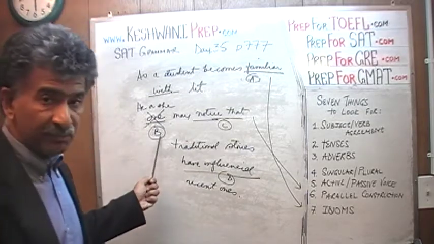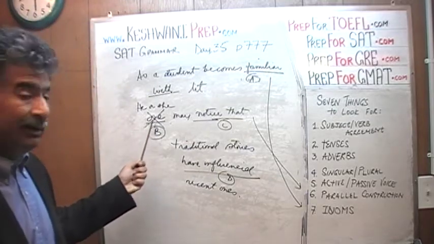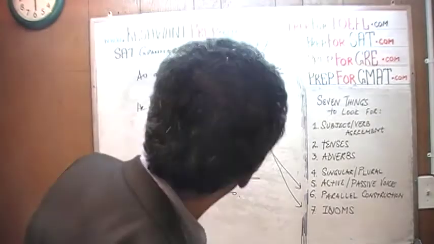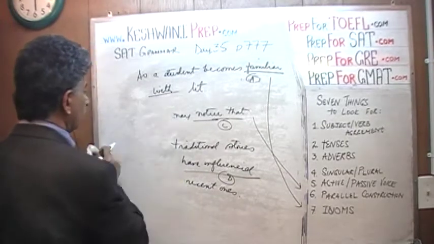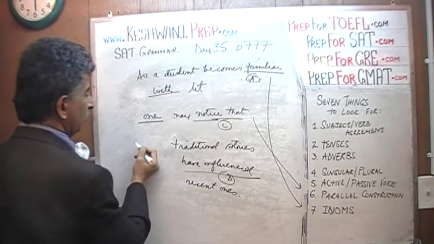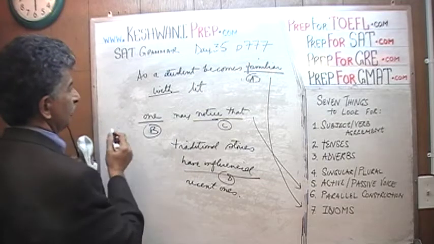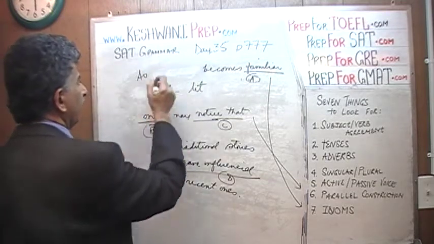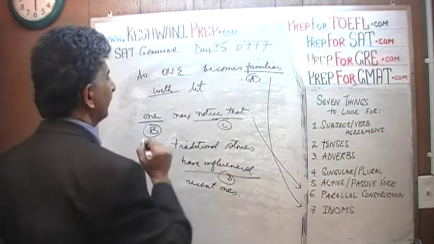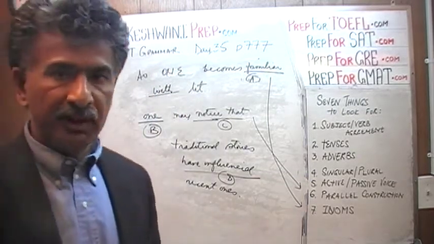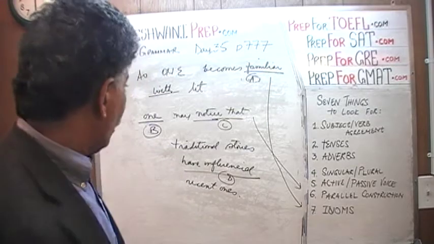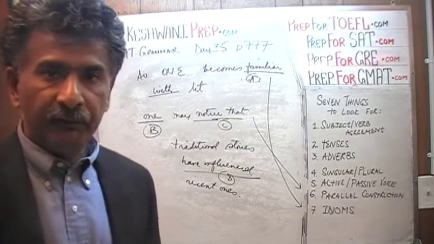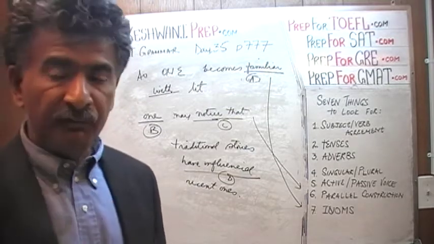Now, if you didn't want to change B part, if you wanted to leave the one here the way it is, then it should have started out like this, as not a student, but as one becomes familiar with literature, one begins to realize that traditional stories have influenced the recent ones. That would have been fine.